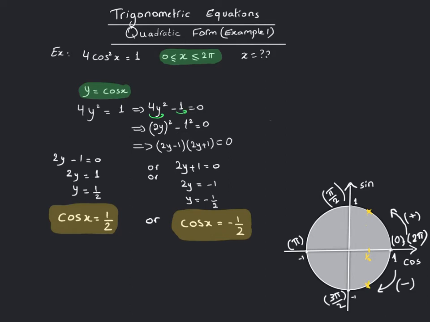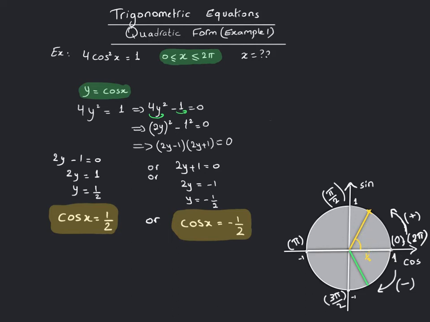Let's see which angles these are. Here is the first angle, and that's the second angle. As we said, cosine is half, and here cosine is positive, so the two angles satisfy the equation. This first angle is clearly pi over 3, which is 60 degrees.